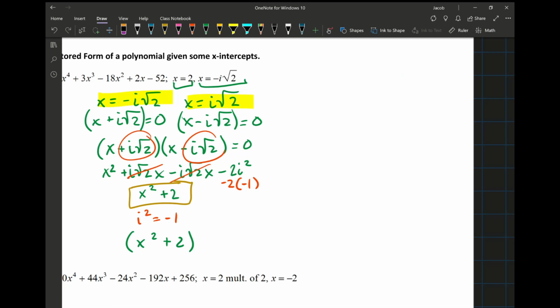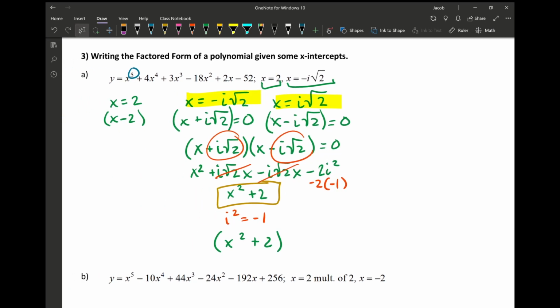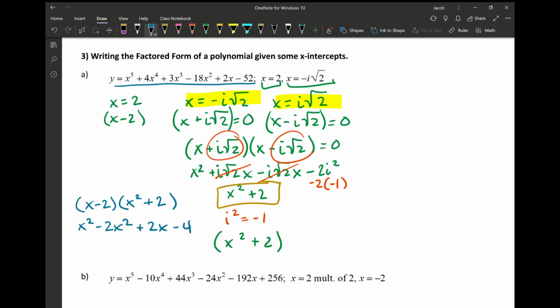But before that, I'm going to multiply these two terms together to divide out a cubic. So I know x minus 2 and x squared plus 2 are factors inside this 5th degree polynomial. So that means x cubed minus 2x squared plus 2x minus 4. I just FOILed, right? I just distributed everything inside those two binomials.